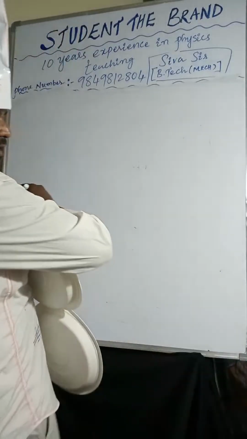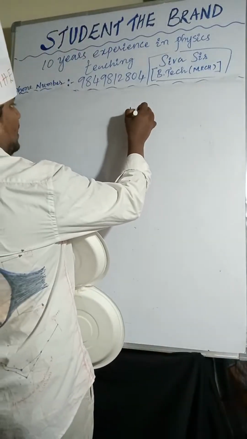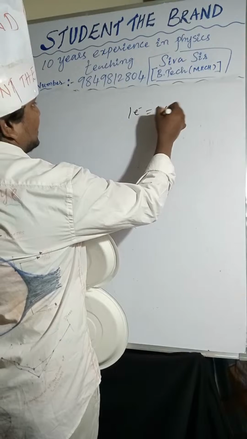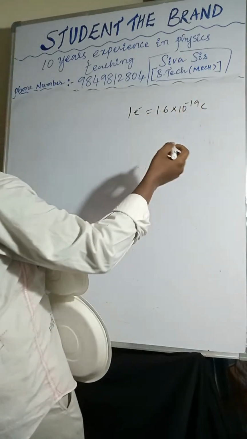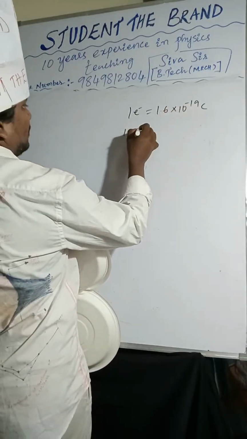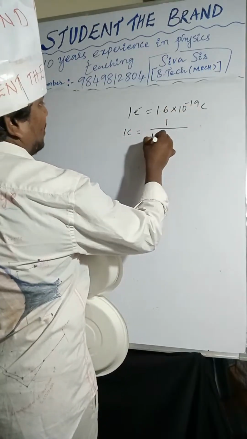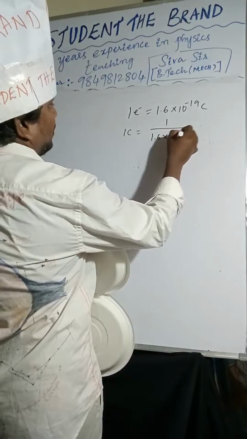On one electron, the charge is 1.6 into 10 power minus 19 coulomb. So in 1 coulomb, how many electrons are present? That is 1 by 1.6 into 10 power minus 19.